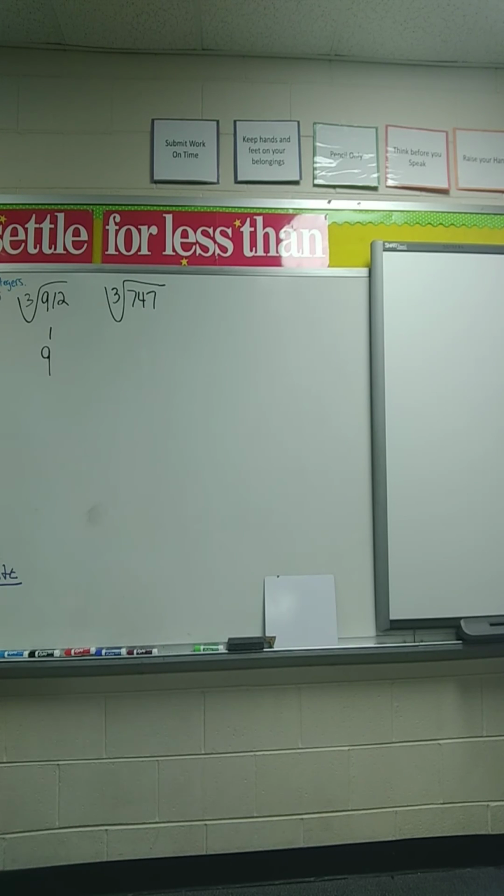Let's double check. 9 times 9 is? 81. 81 times 9 is? 729. Okay, that's what we're double checking. I didn't say 912, I don't know where that came from. 729.